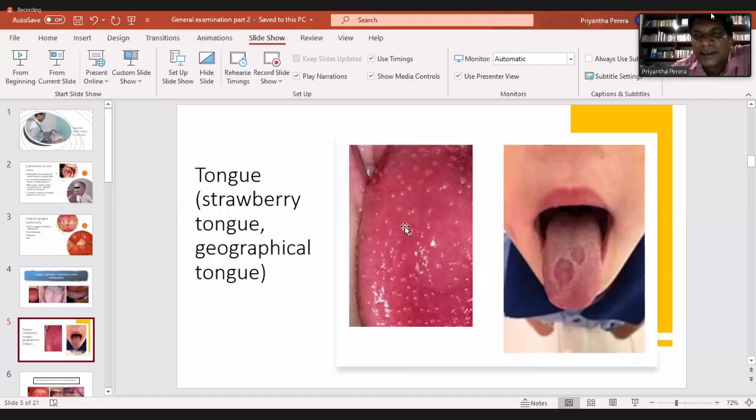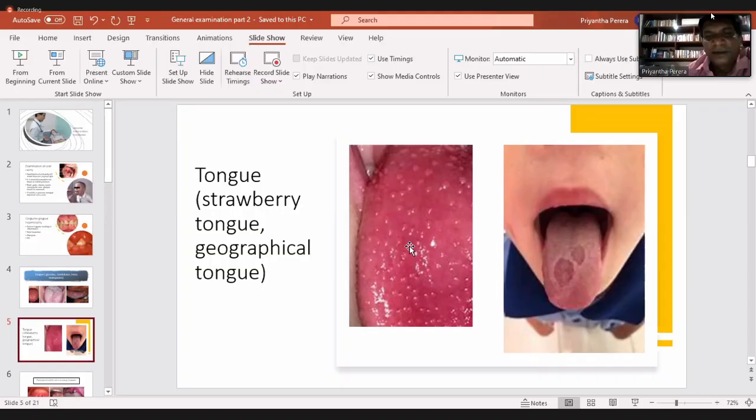It's a dangerous condition. So if you see a strawberry tongue, you have two conditions to think of: Kawasaki disease and scarlet fever. Both are serious conditions, even with mortality. So it's an important physical sign not to miss.